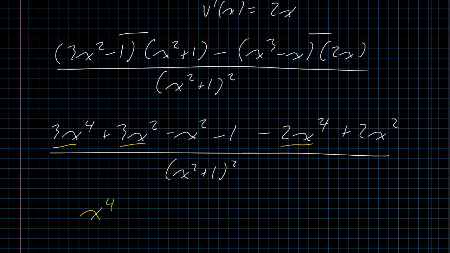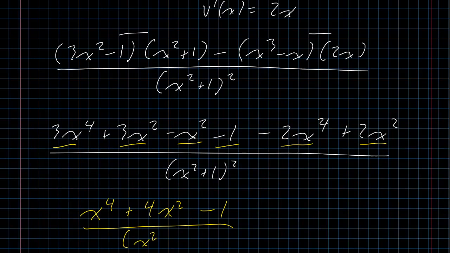We've got 3 minus 1 plus 2, which all told is going to be plus 4x squared. And then we've got a minus 1. That's still all over x squared plus 1 squared. If I could factor that numerator and see if anything would simplify, I would try, but it doesn't look like that's going to happen in this case, so I will leave well enough alone and call that my solution.